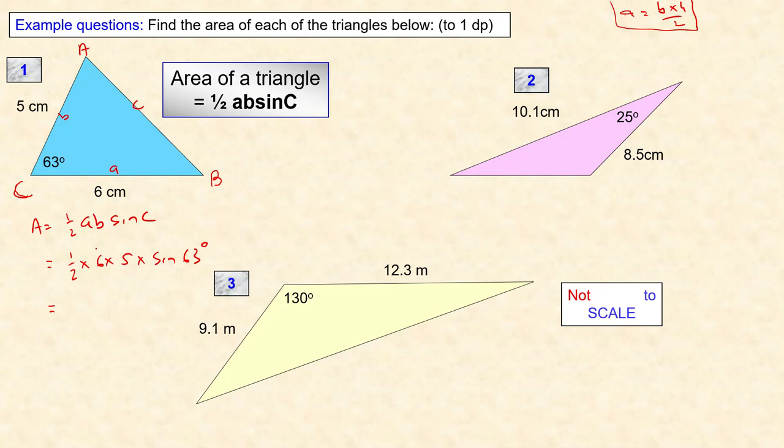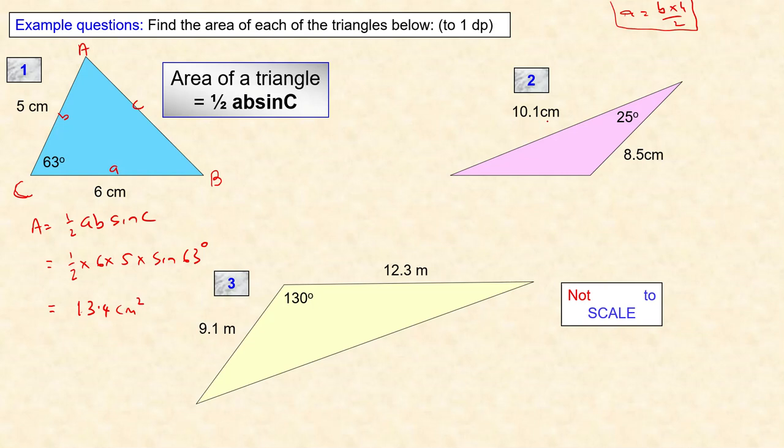Don't change it, don't do anything to it. Just put it in the calculator like that. And you should get 13.4 centimeters squared. And it says that's simple.